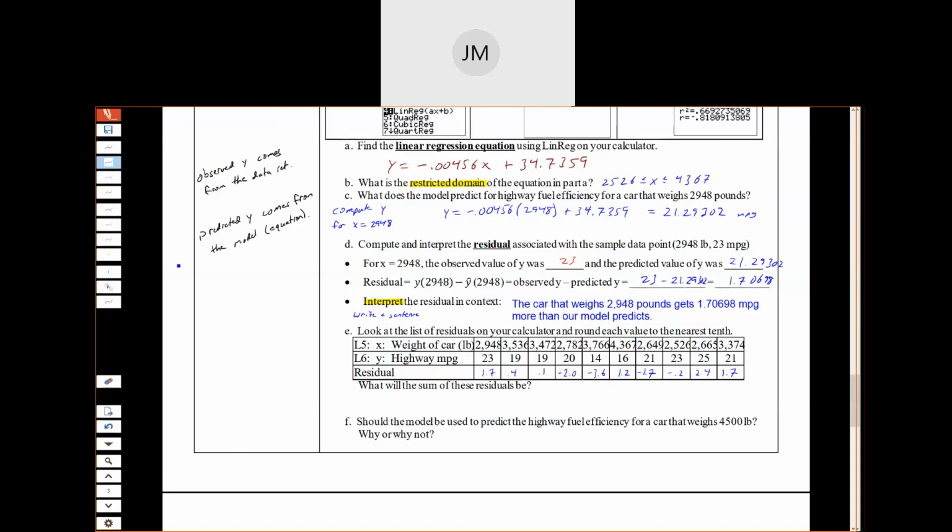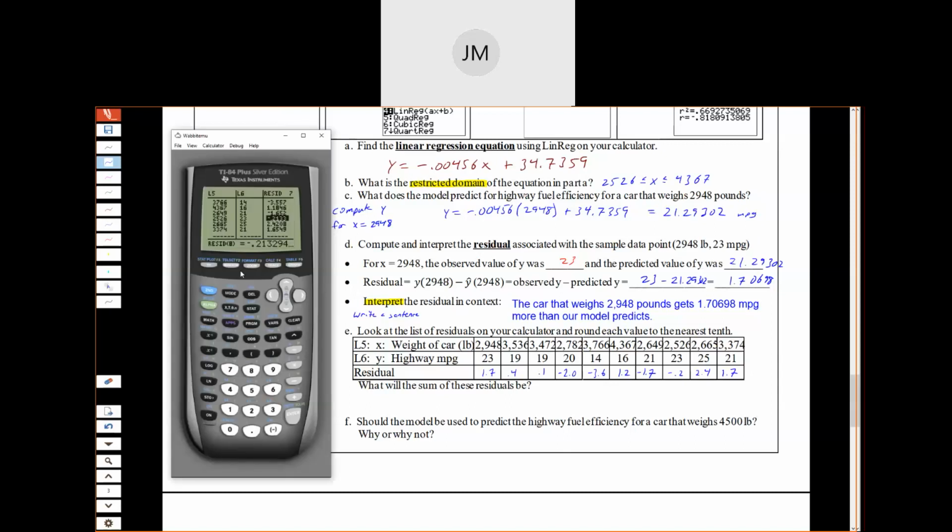What will the sum of these residuals be, right? So if I add these up, 0.7 plus 0.4, if you've been paying attention, you might know even without having to add them up.